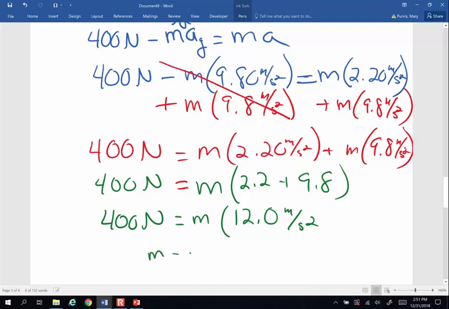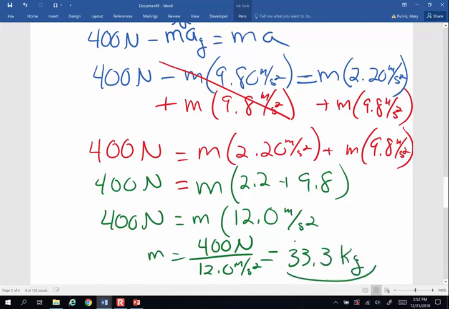Or mass is going to be 400 newtons divided by 12 meters per second squared, which is going to be equal to 400 divided by 12, 33.3 kilograms is going to be the mass.